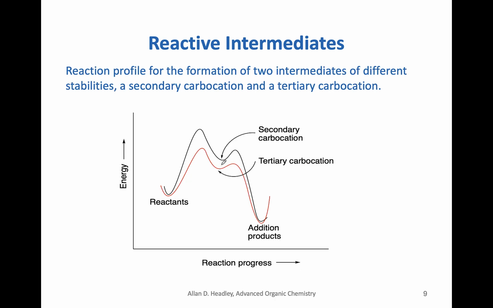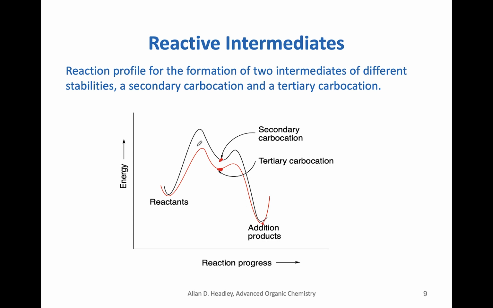Here's the secondary carbocation compared to the tertiary carbocation, more stable, lower in energy. So here's the first step for the formation of the secondary, and the first step for the formation of the tertiary. The tertiary goes on to form the product, and the secondary goes on to form the product.